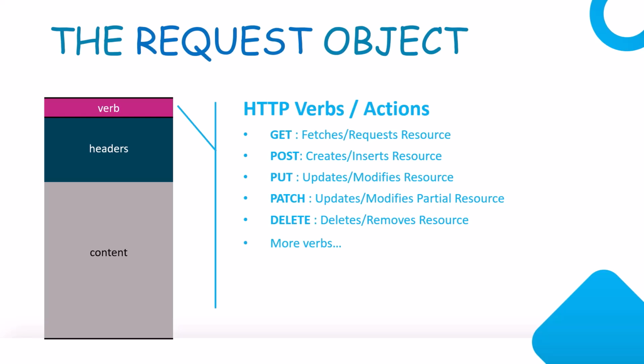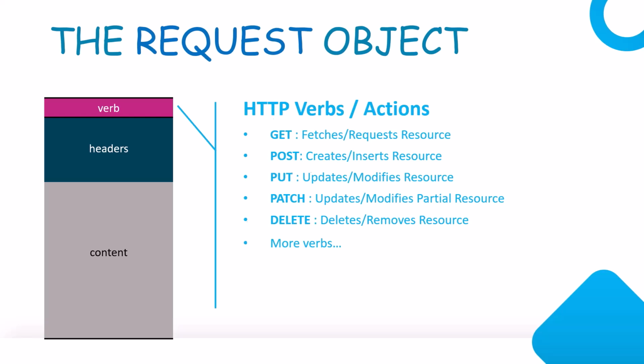Then we have delete, which is pretty obvious. It basically deletes the resource from the server. There are more HTTP verbs, but they are very rarely used, and typically we always play with the 5 that are most common. So that gives you a brief idea of HTTP verbs and what action they are responsible for.